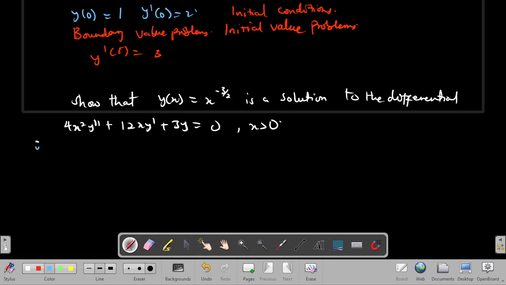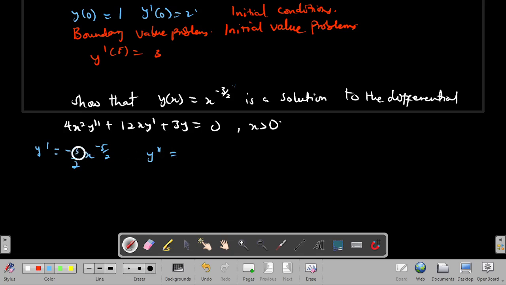So let's see. Our y prime is simply going to be what? Let's differentiate this. Differentiating, I'm going to get negative 3 over 2 x to the power negative 3 over 2 minus 1, right? When I subtract 1, I get negative 5 over 2. Now let's check y prime prime.